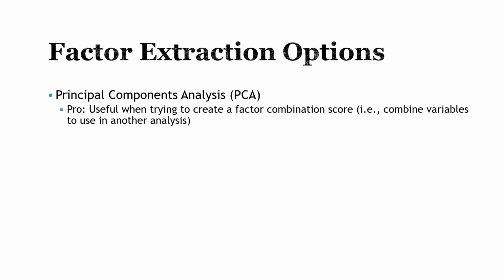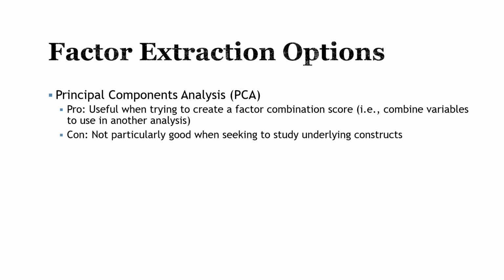It makes a lot of sense to do so because you're maximizing the amount of variance explained within principal components. So this is a pretty useful method for applications where we're really going for those factor combination scores. It's a very numerical approach. I don't particularly care about the interpretation. My goal is just to get the numbers.